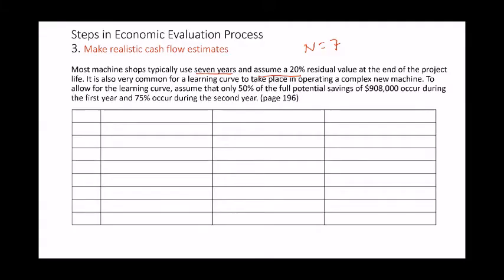So we assume the machine has a residual value of 20% of its worth. What is the cost of the machine? It is 1.8 million. So we assume that after 7 years, we can still get 20% of 1.8 million as its residual value. Is it clear what is residual value?